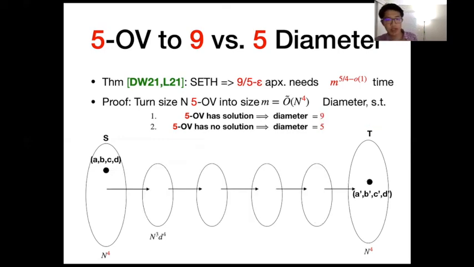So the first thing we're going to do is direct all the edges from S towards T, as shown here. At first this seems to hurt us, because before we had distance 5 from S to T and also 5 from T to S, but now it's only going one way. But we'll also add weight 0 edges from T to S, connecting 2 vertices that are identified by the same 4-tuple of vectors.